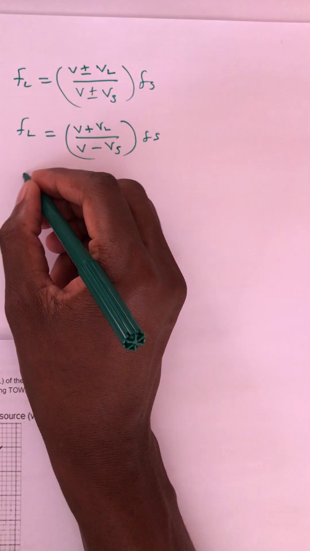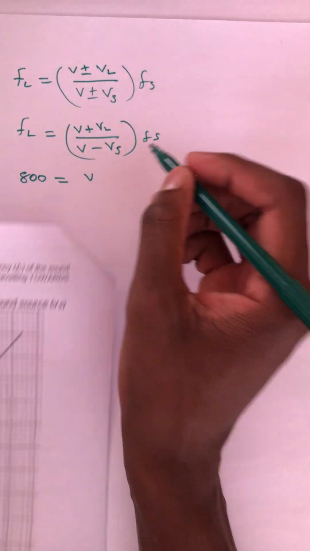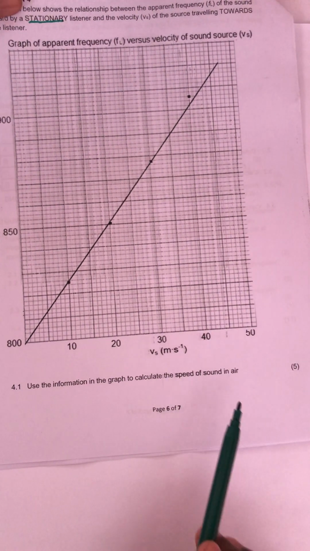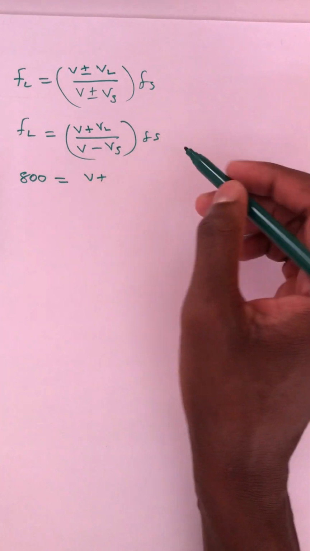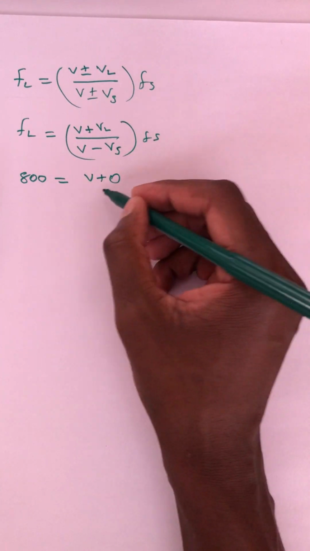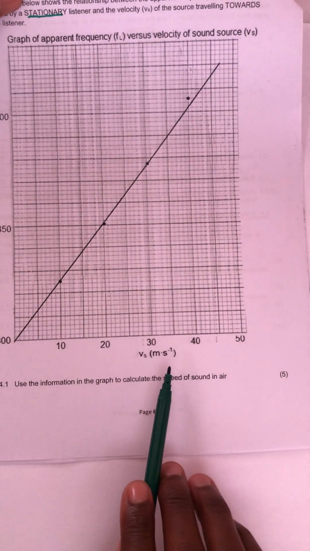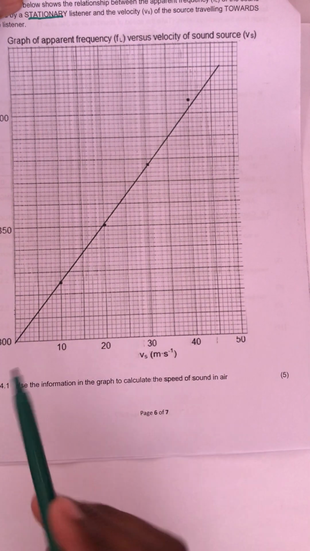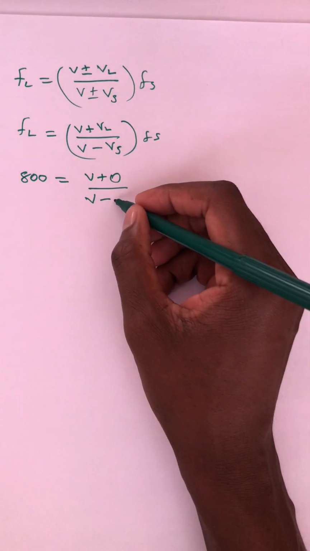So the frequency of the listener is equal to v over, since the question said calculate the speed of sound in air, and the listener is stationary, v minus the speed of a source. Since we took 800, the speed of a source is 0.